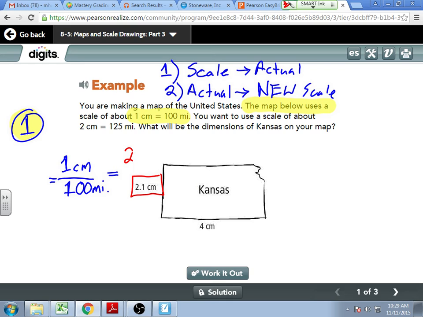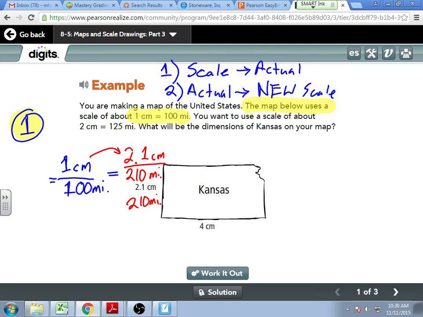You can't really see that decimal. 2.1. How do I go from 1 to 2.1? Multiply by 2.1. So 100 times 2.1 is 210 miles. So the actual, and I write this over here beside it, it's actually 210 miles.